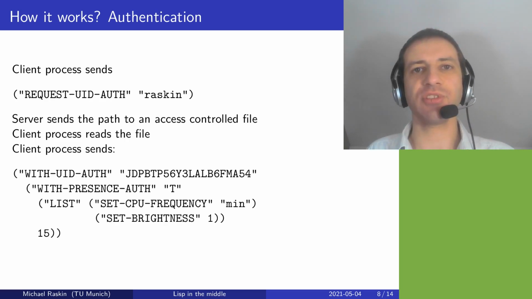And then the client process will use the value read from the file to send the form authenticated as coming from user ID Raskin. So it will send with user ID authentication and then this password. And then, as the presence authentication has also been requested, it will just tell the server to perform the presence authentication, and then pass the list of the things to do to authenticate at once and then perform, and also the timeout for requesting reaction from the user.